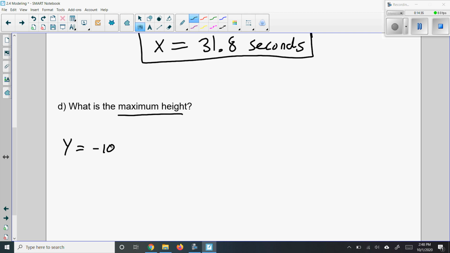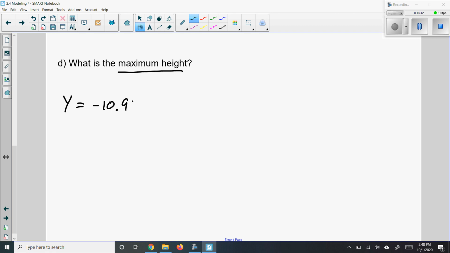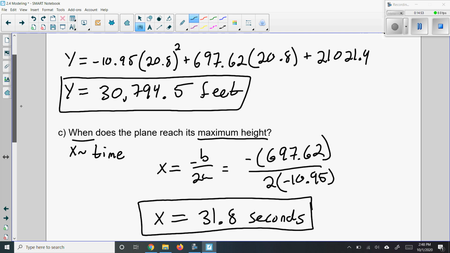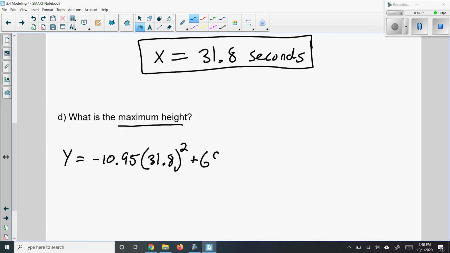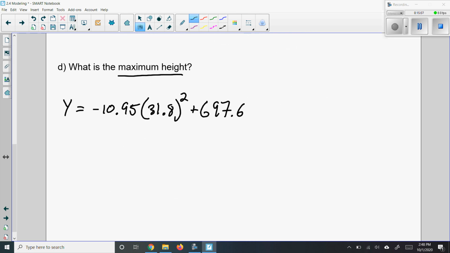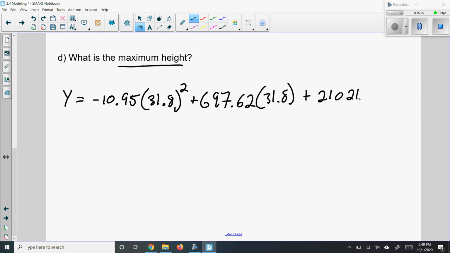So y is negative 10.95 times 31.8 squared plus 697.62 times 31.8 plus 21,021.4.